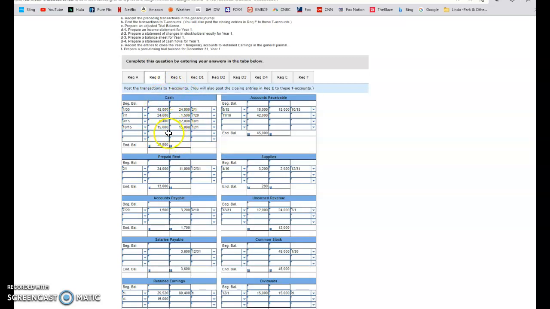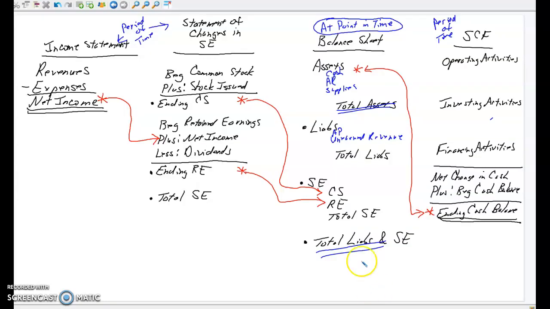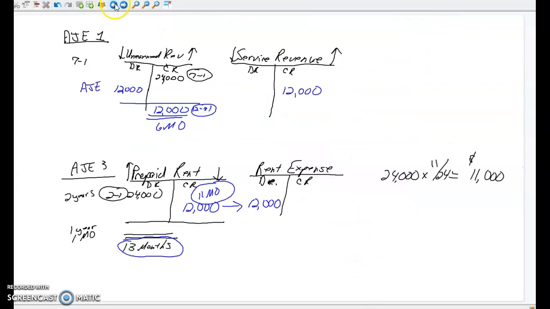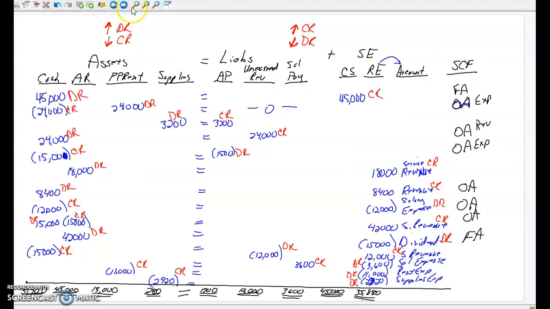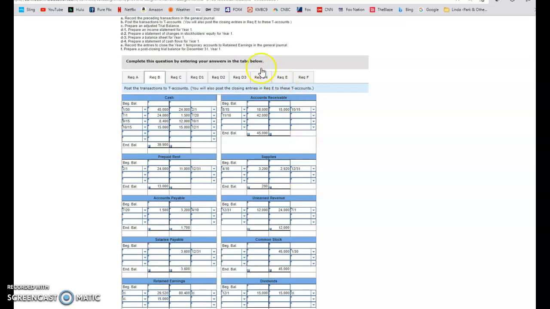We didn't identify at the time operating or financing, although we did do that when we were doing the horizontal model. So the 45,000 is financing. So let's see, we have 1, 2, 3, 4, 5, 6 operating activities. Let's go look and see how the solution wrote those up.